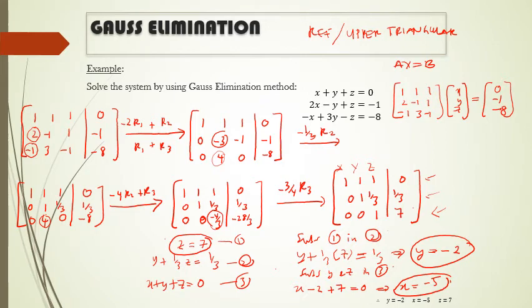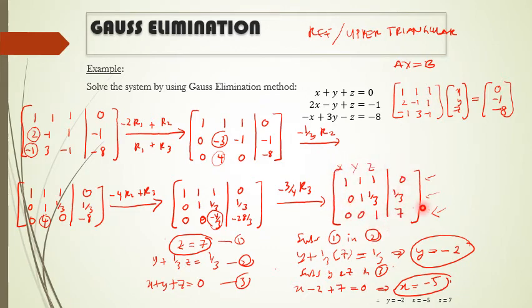So that's how you do it. First, you need to write in this augmented form, A and B, and then you perform the ERO until you get upper triangular or REF.